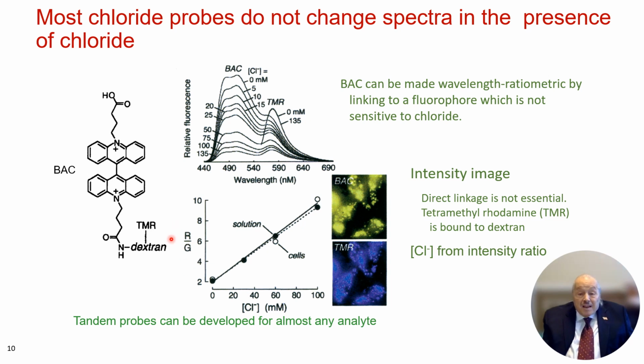So that's their standard. The TMR peak is here, and here's the probe in the presence of increasing amounts of chloride. It's being quenched, and you take the red over the green ratio, and that tells you the chloride concentrations.